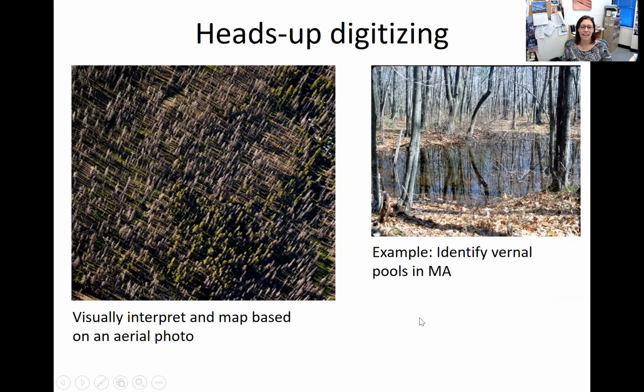If you had trained your eye really well, then maybe you too would be able to identify locations where these vernal pools, these springtime wet areas that amphibians really like to use, are. So that's how we have a lot of data layers on Mass GIS, because people who were really trained to recognize these types of features looked through a lot of aerial photos and digitized them, said, here it is, a likely vernal pool.